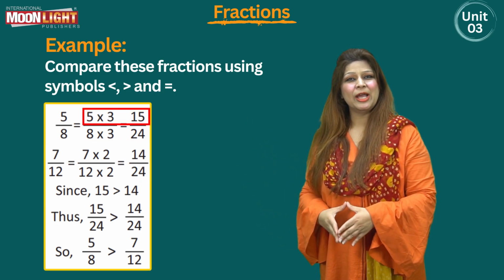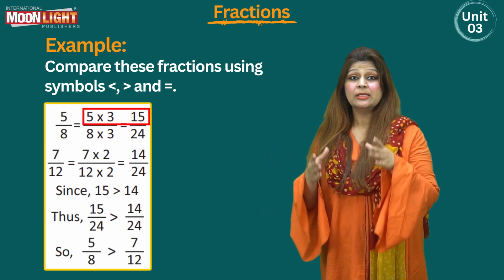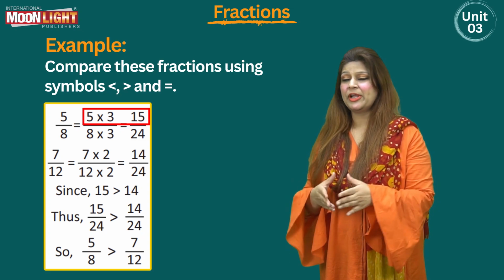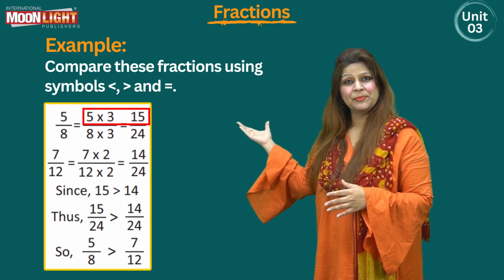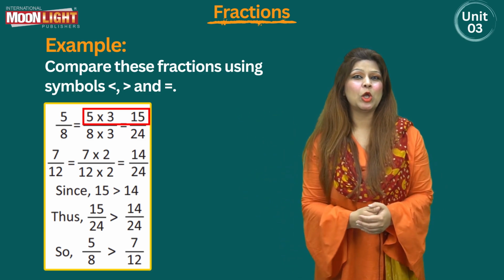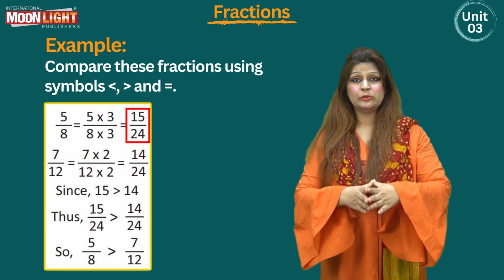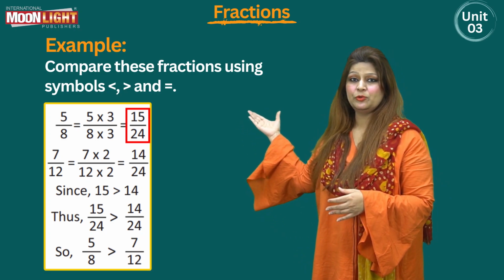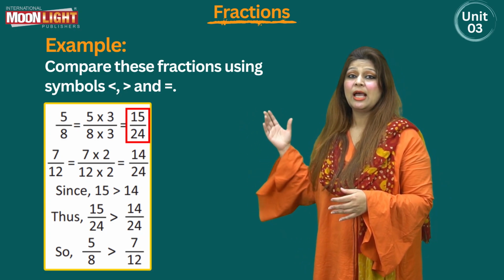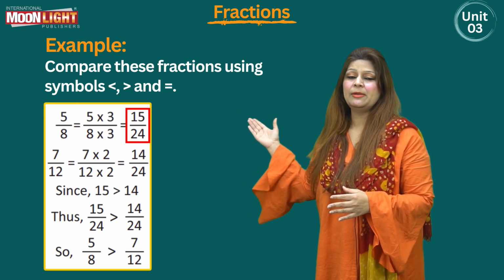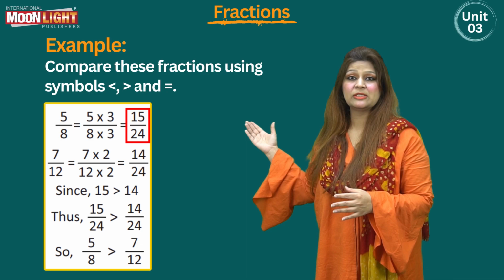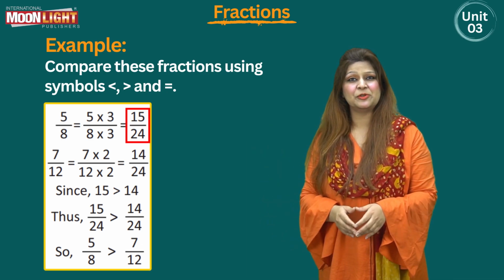So we multiply the fraction 5 by 8 by the number 3: numerator and denominator both. 5 into 3, 8 into 3. The fraction is 15 by 24, because 5 3s are 15 and 8 3s are 24.